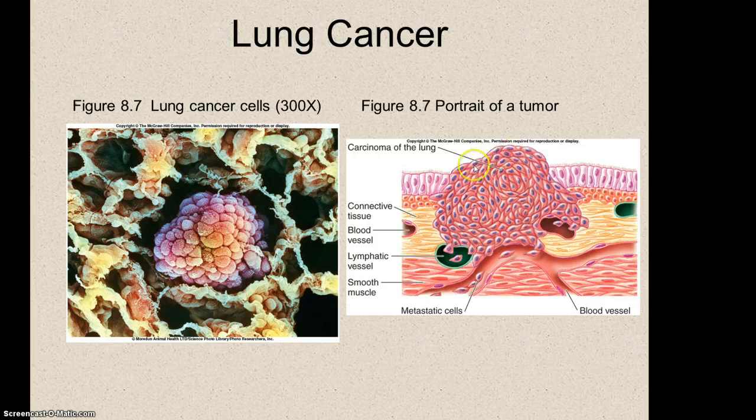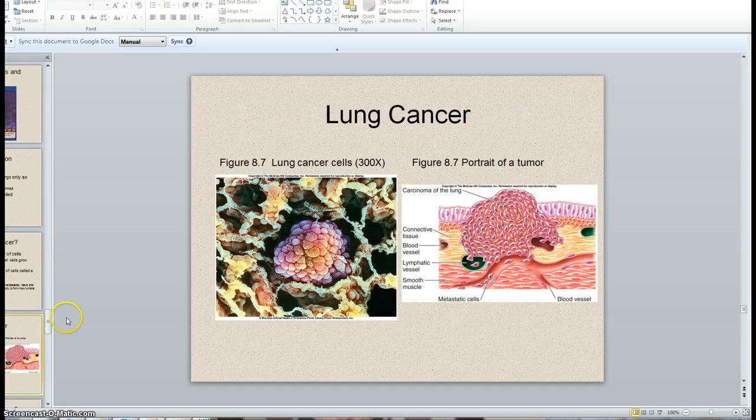You can see that this carcinoma of the lung is now metastasizing, getting into the blood vessels, and these uncontrolled cells are traveling into other parts of the body. There are quite a few good videos that I could share with you. I won't here now, but that actually discuss treatments and so forth for cancers. If you're interested, you can look things up on the internet and find some pretty good things.